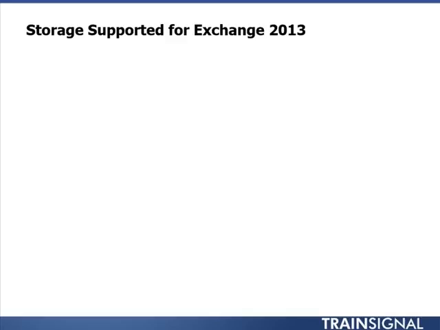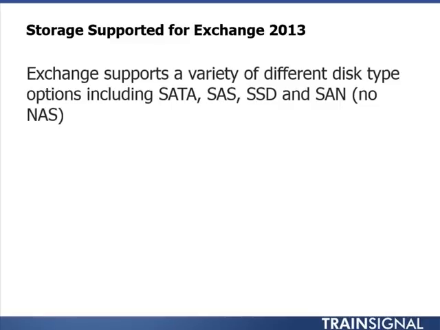It's good to know what types of storage are supported for Exchange 2013. And so if we look, Exchange supports a variety of different disk type options, including SATA disks, that stands for Serial Advanced Technology Attachment. There's Serial Attached SCSI or SAS. There's SSD, also known as Solid State Drive.